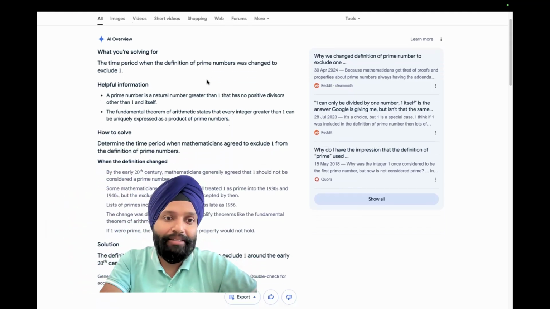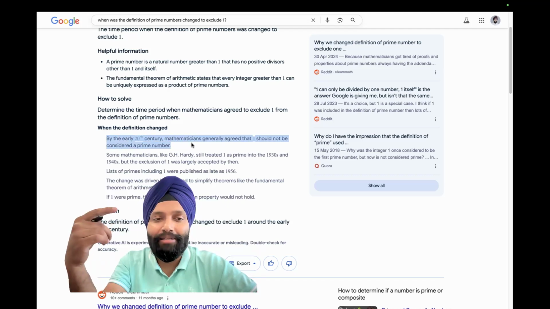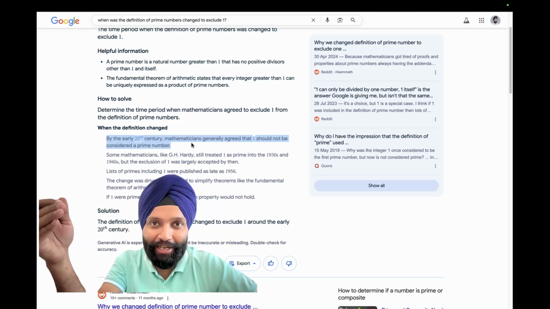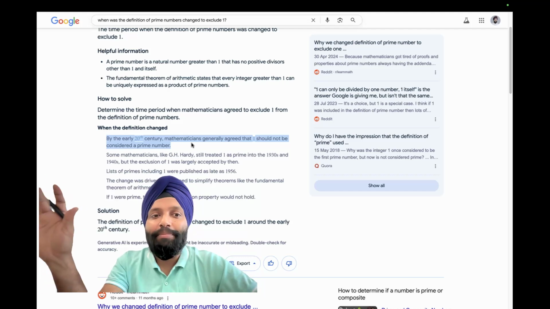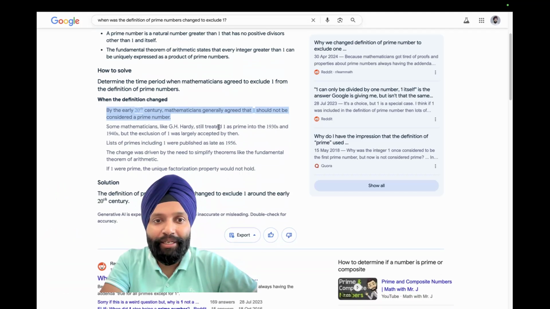If you look at this, by the early 20th century, mathematicians agreed that one should not be considered a prime number. Even till the late 19th century, one was considered a prime number. Some mathematicians still treated one as prime into the 1930s and 40s.